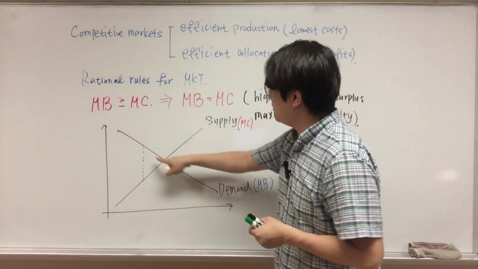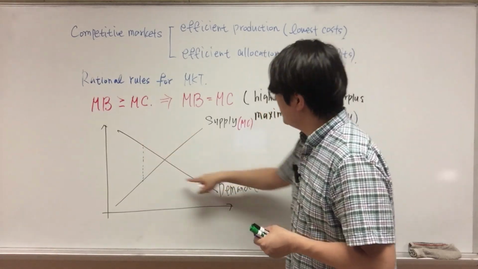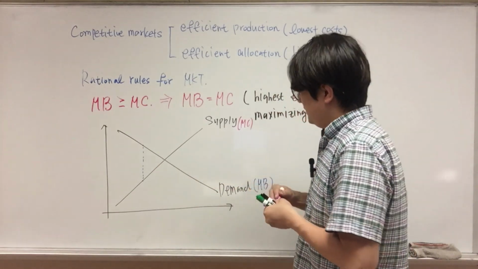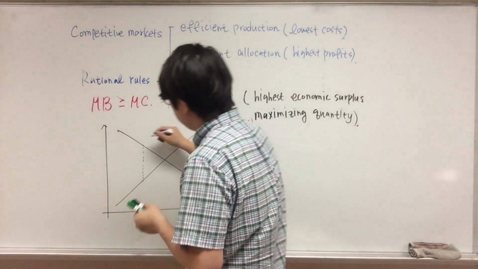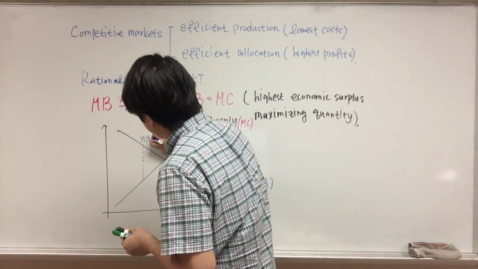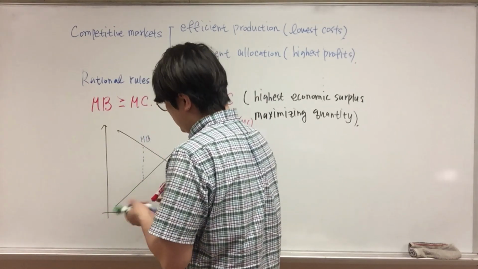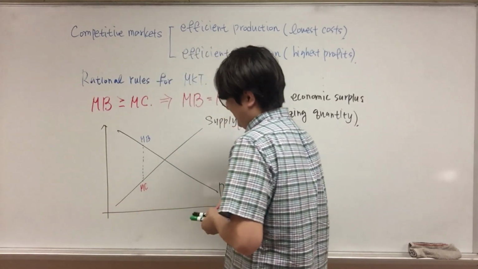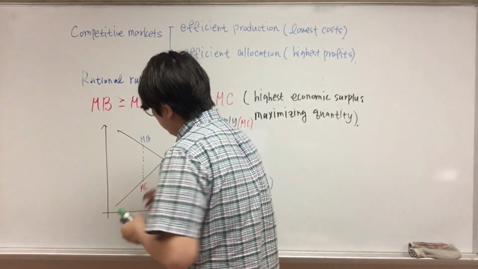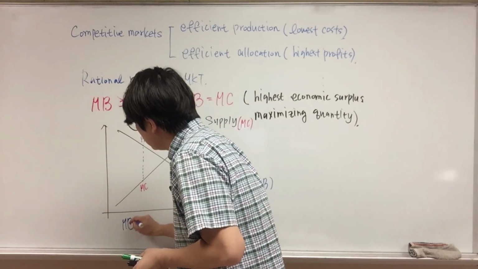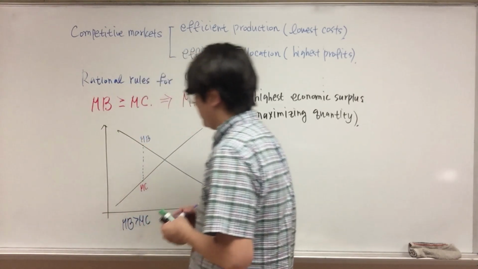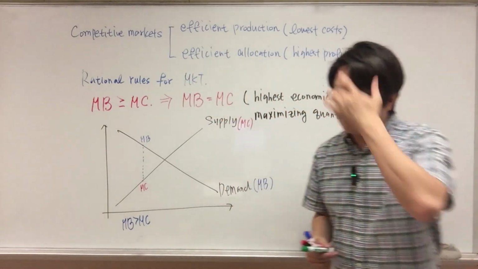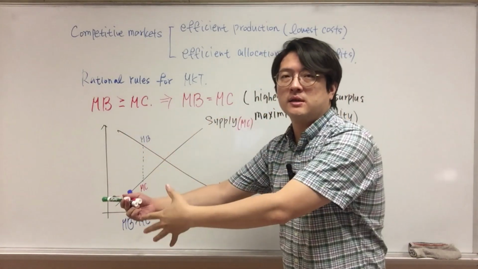So each point on the demand curve is a marginal benefit, and each point on the supply curve is a marginal cost. How about this? This one is marginal benefit, right? And this one is marginal cost. So at this point, marginal benefit is greater than marginal cost, right? So in the market, there are marginal benefits, and many companies would like to enter the market.